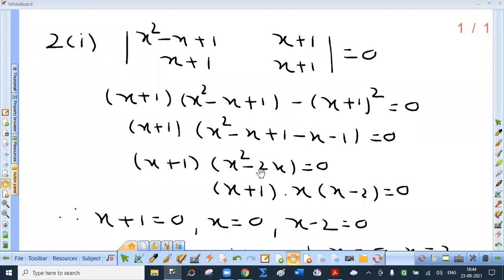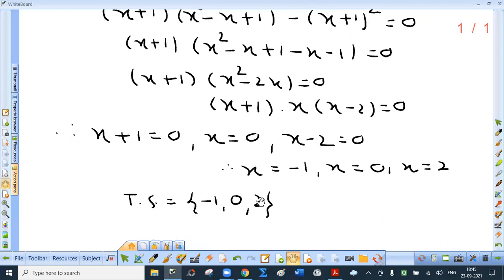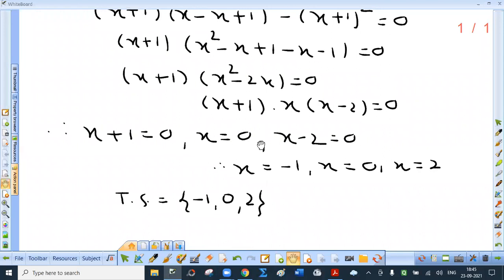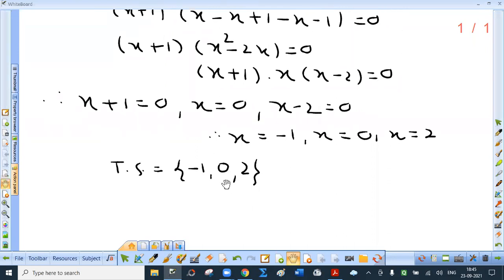So this is what x square minus 2x. Now some students have a habit of dividing by x. How can you divide? x can be 0. So take x common from these terms to get this. So either x equal to 0 or x equal to minus 1 or x equal to 2. Okay. So TS, truth set. Now do not use circular bracket, use curly bracket because order is immaterial.